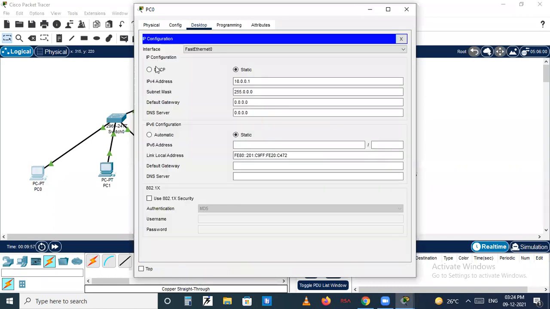So IP we have already set, default gateway 10.0.0.4. Yes, so I have copied this. I will paste it in all. So the default gateway we have already set.